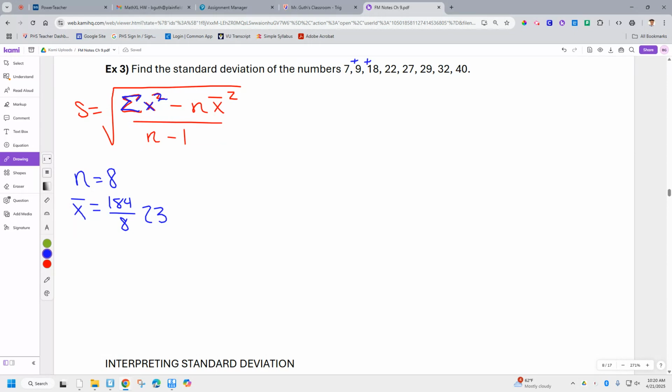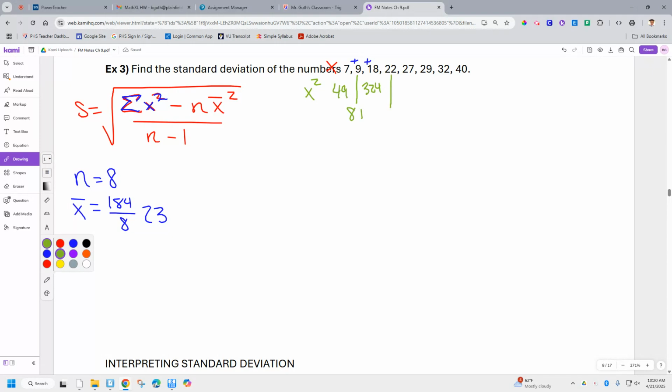So I think it makes a lot of sense to come over here, and if these are all my x numbers, then think about x squared. 7 squared is 49. 9 squared is 81. And 18 squared is 324.